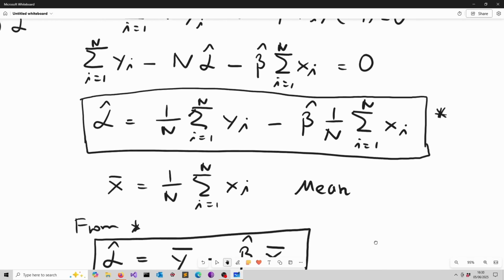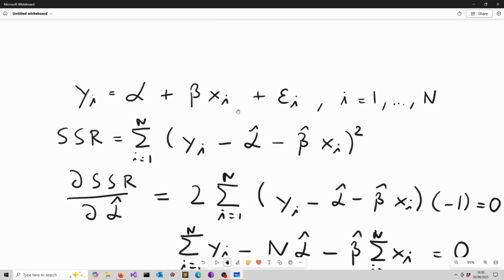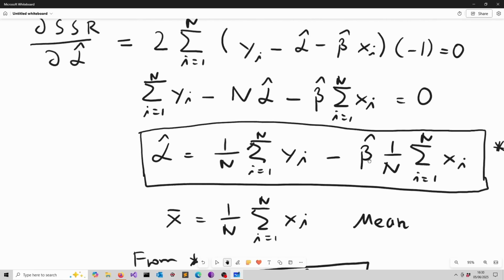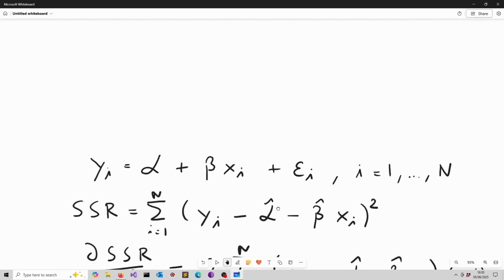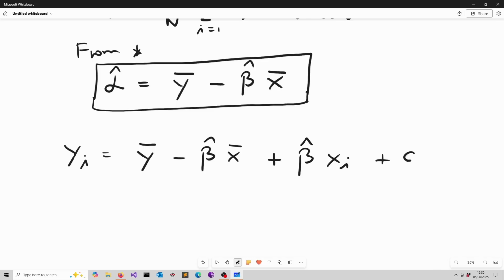Now, when we look back to our initial equation up here, we could use our estimate and rewrite this equation, which will simplify our problem quite a bit. So we have yi is equal to alpha, which I replace with my estimate, y upper bar minus beta hat x upper bar, and then plus beta, which I now replace with beta hat, xi plus epsilon i.